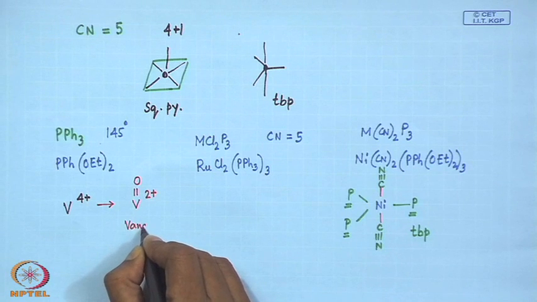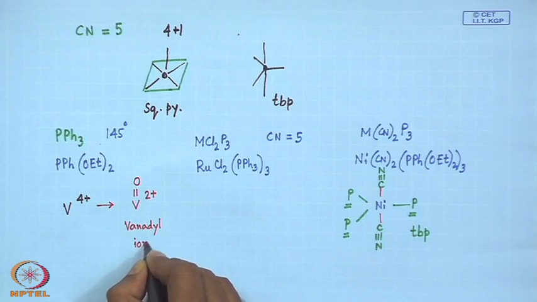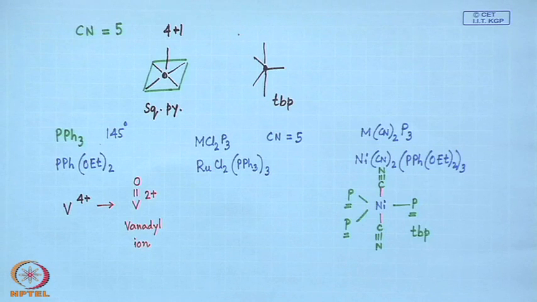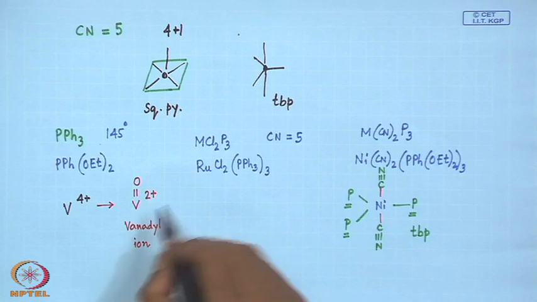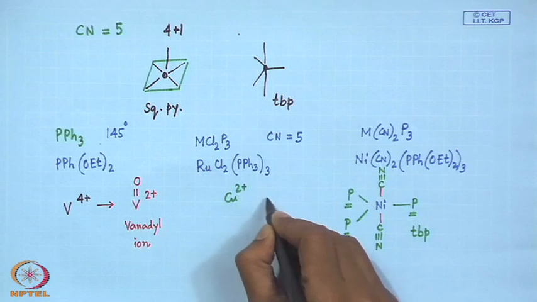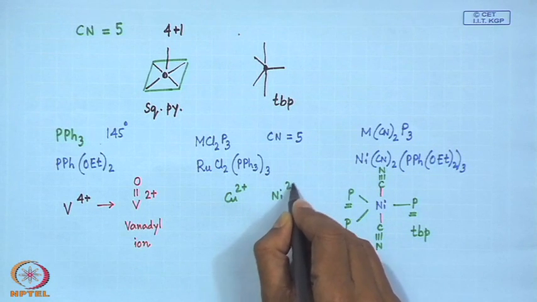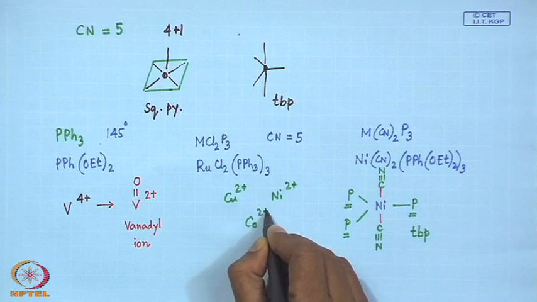So, this Vanadyl ion having a dipositive charge will be very much equivalent as a metal ion species to our copper 2 plus or nickel 2 plus or cobalt 2 plus.